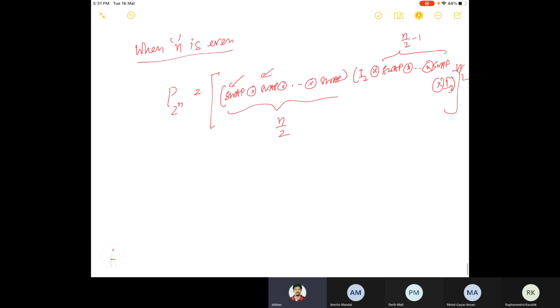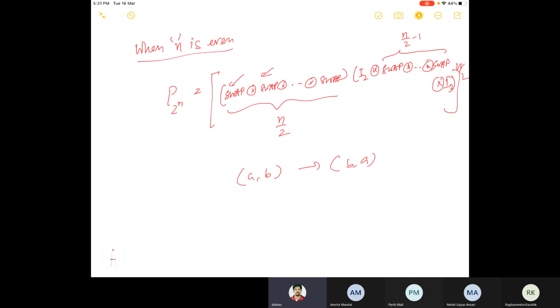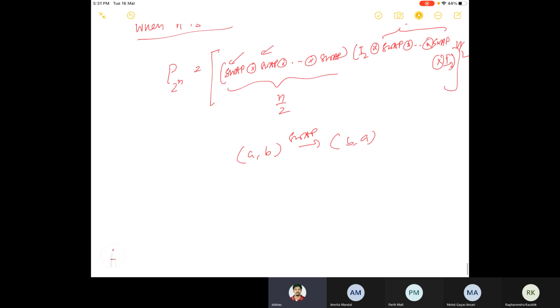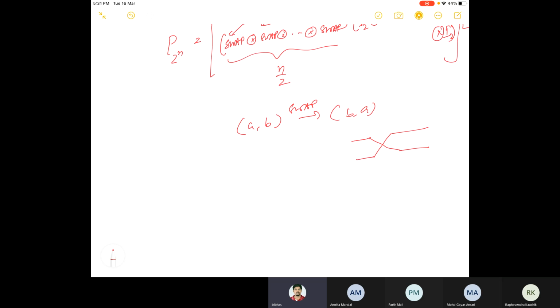So what will the swap gate do? It swaps AB to BA. This is how we define swap. I defined the icon like this for the classical case. For quantum, some people will denote it like this.